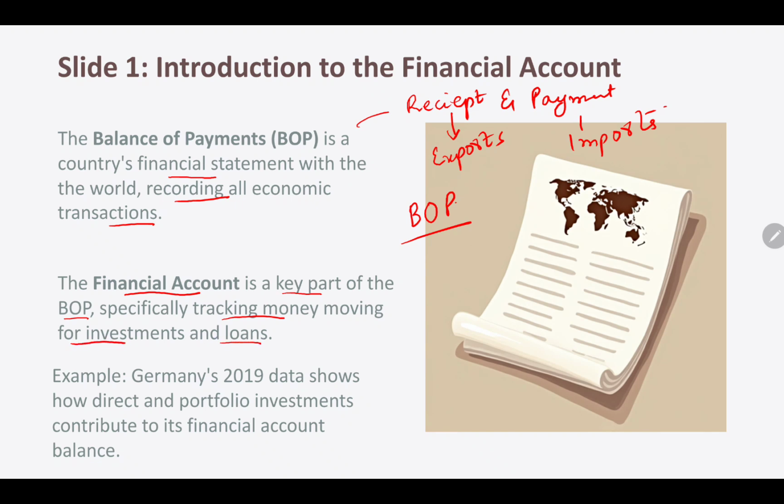It records all the transactions related to the investments and loans coming into the economy or going out from the economy. Let's have one example: Germany 2019 data shows how direct and portfolio investments contribute to its financial account balance.